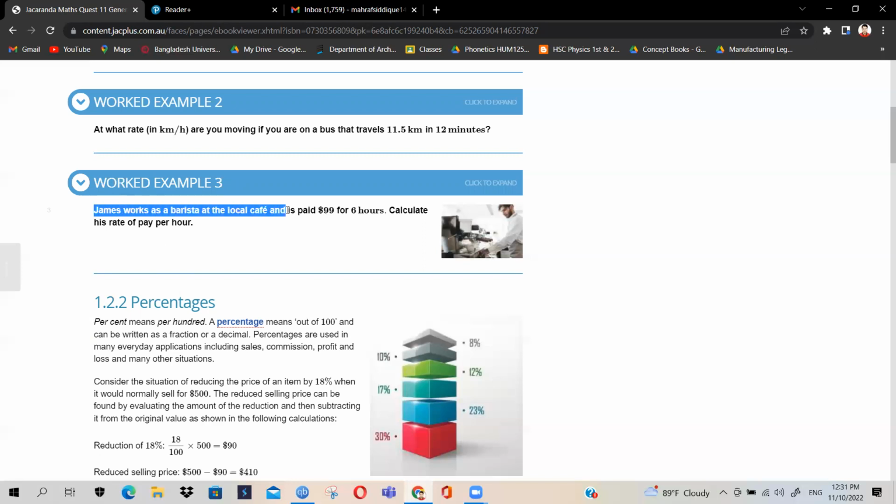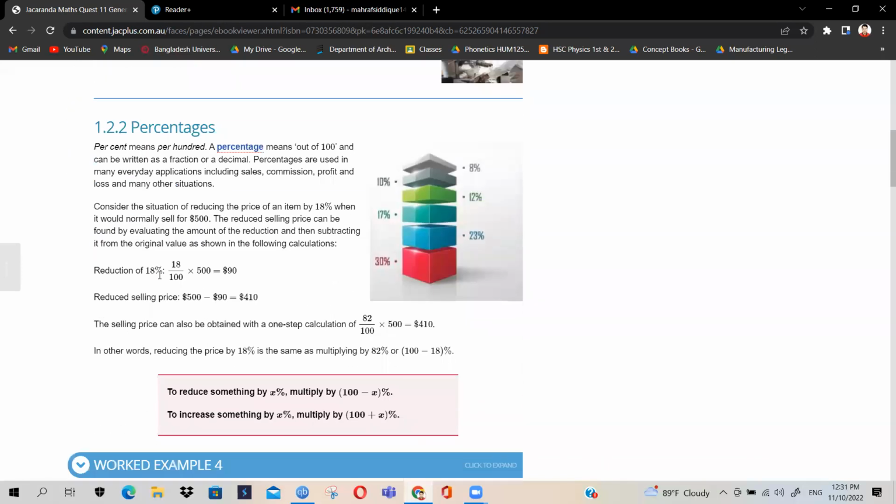Okay, so $99 for 1 hour, you have to calculate per hour, so you just divide by 6. Okay, see, percent means per 100. Per cent. If you were residing in Britain, maybe they use the term cent, like 20 cents, water is 50 cents.